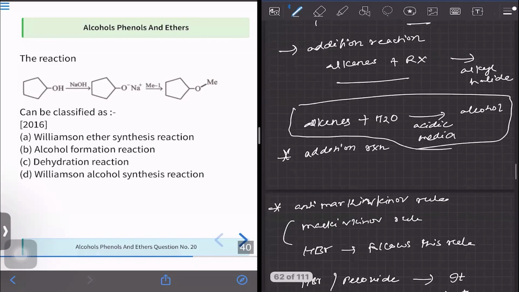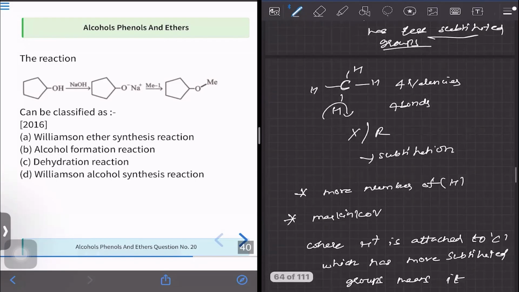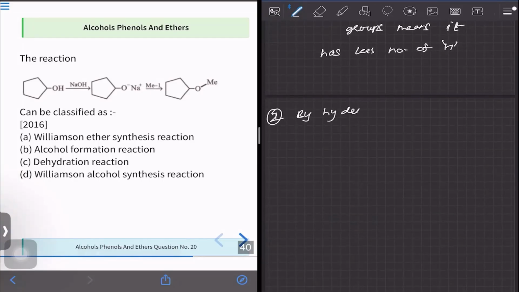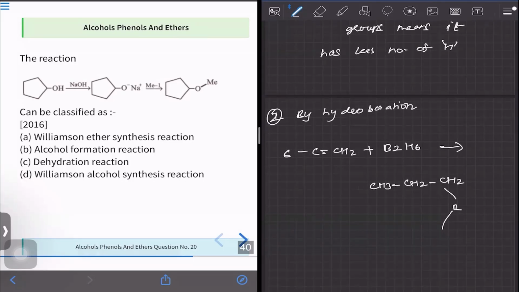That is the first method. The second method is hydroboration. We learnt about this method. Propene, whenever it reacts with B2H6, produces the trialkylborane, with three CH2CH2CH3 groups on boron.